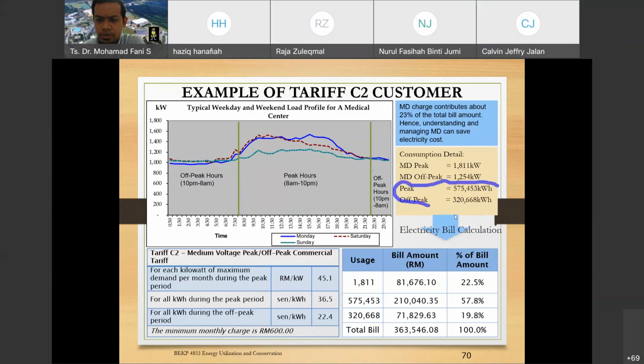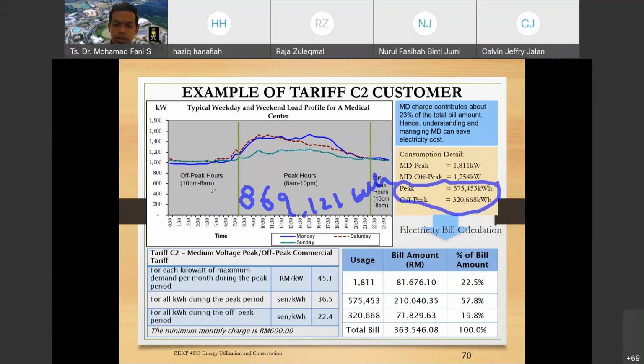Add first. 896,121, correct? Eight nine six one two one kilowatt hour total energy consumption.